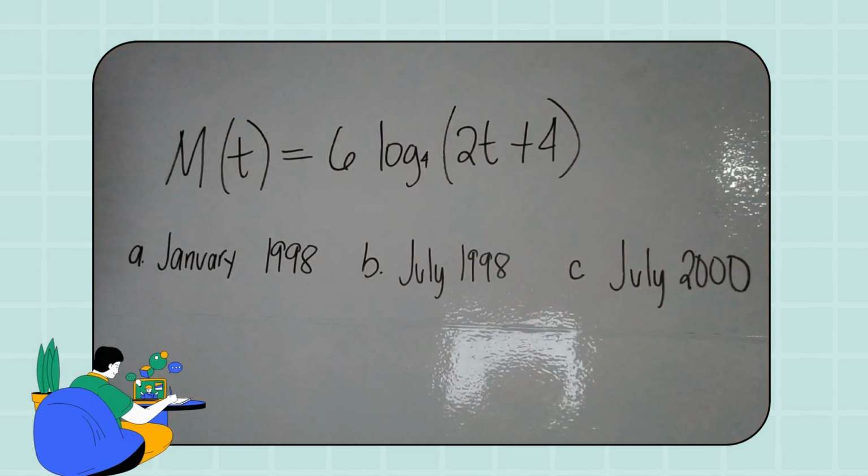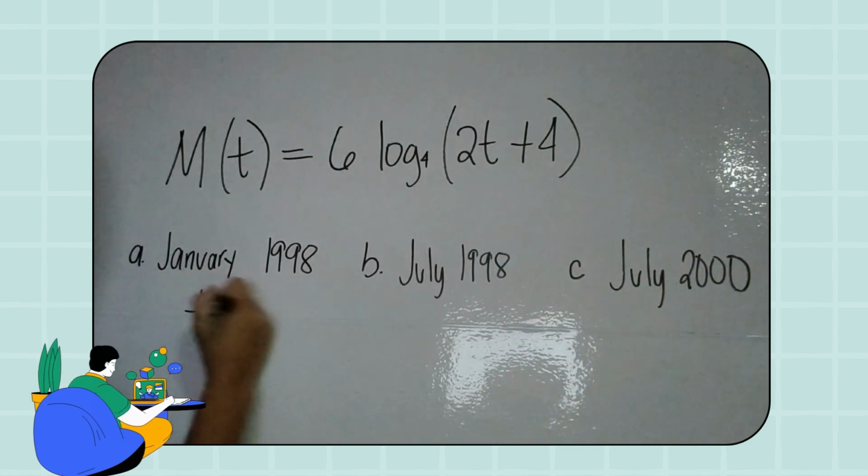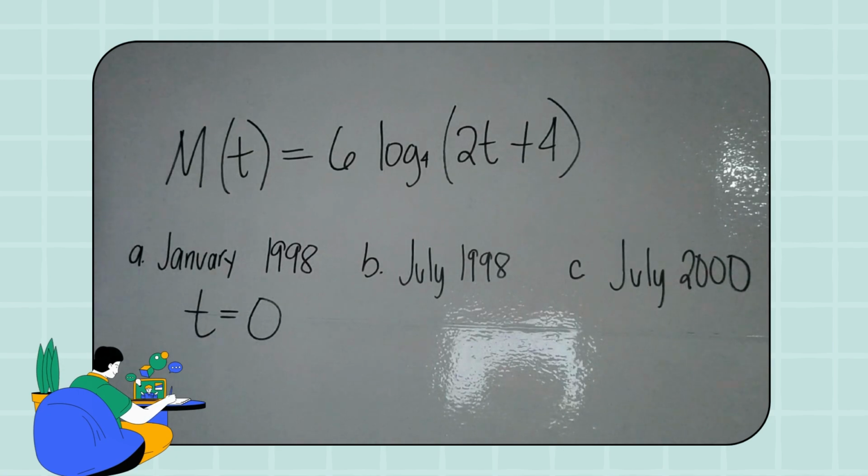First, let's understand how to determine t for each given month. The value of t represents the number of months since January 1998. For January 1998, t is equal to 0, since it is the starting point.